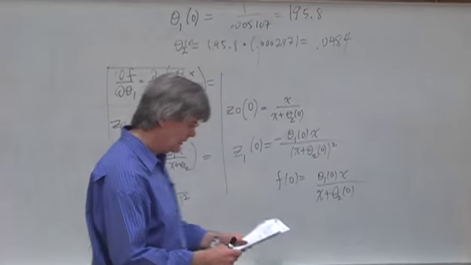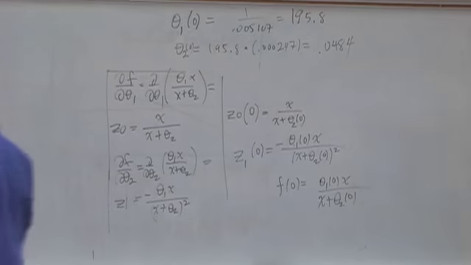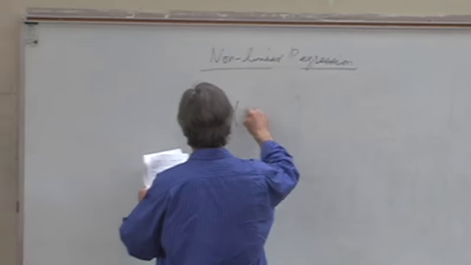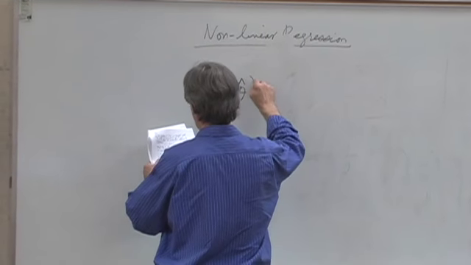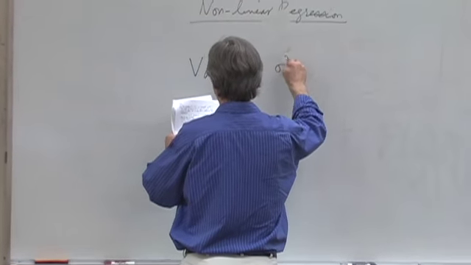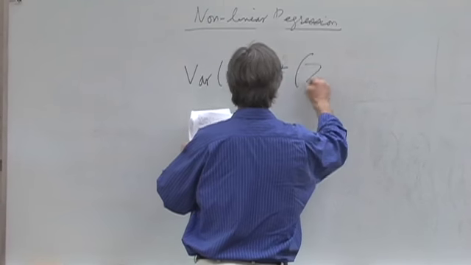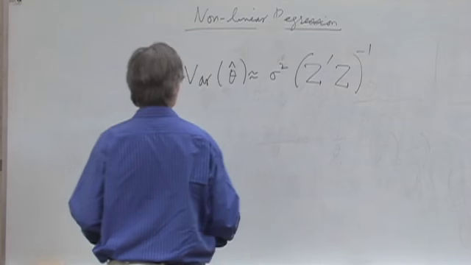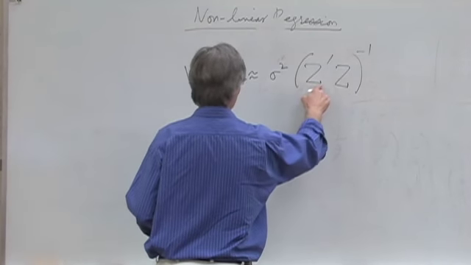It turns out that the variance of theta hat, there must have been one more thing I put on this worksheet, is sigma squared times (Z prime Z) inverse, where Z is the last Z matrix you made.